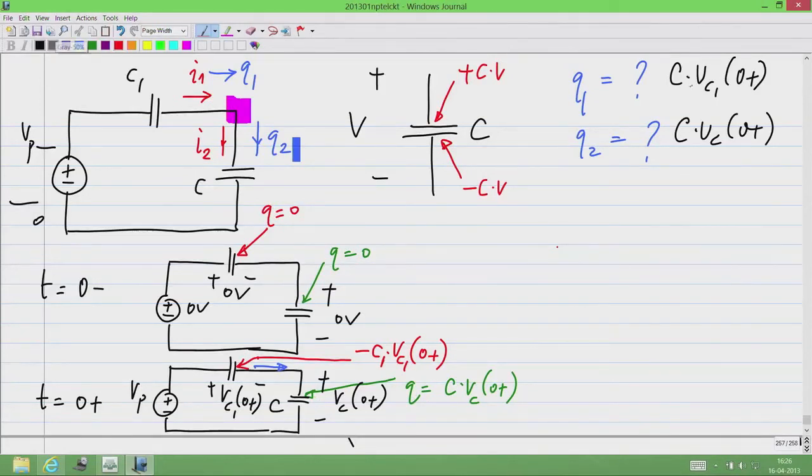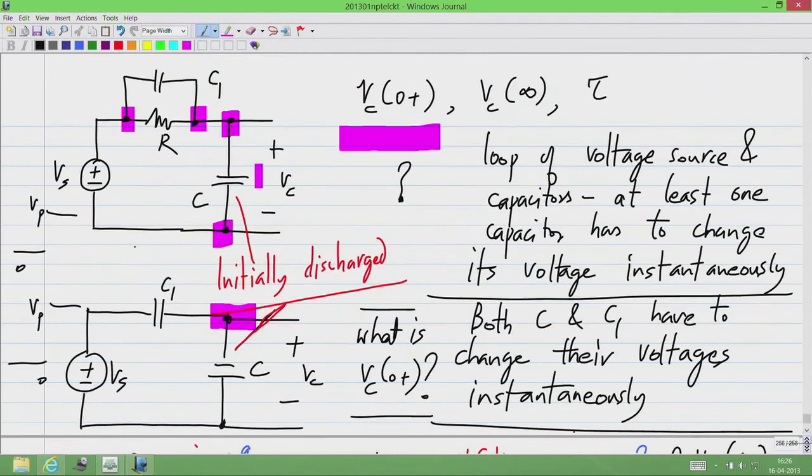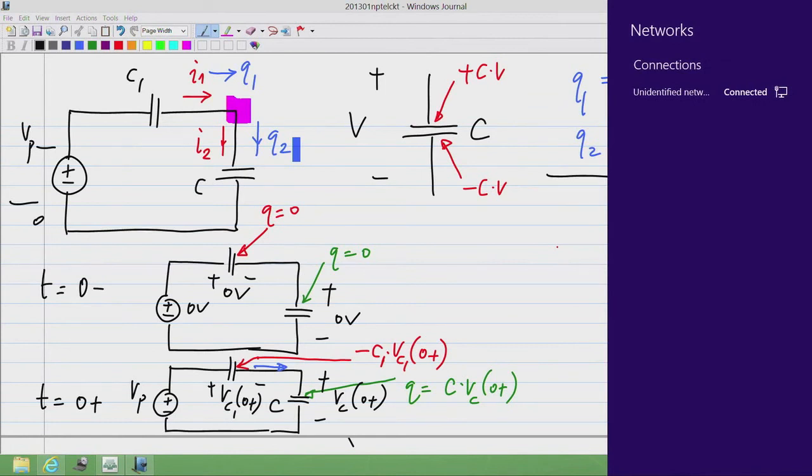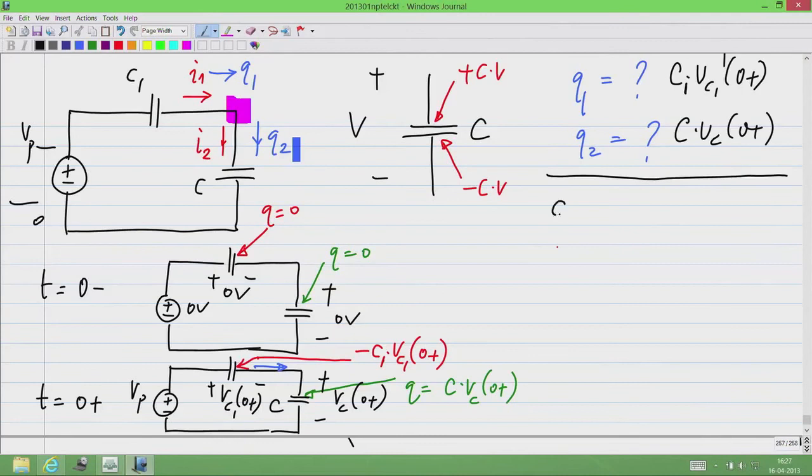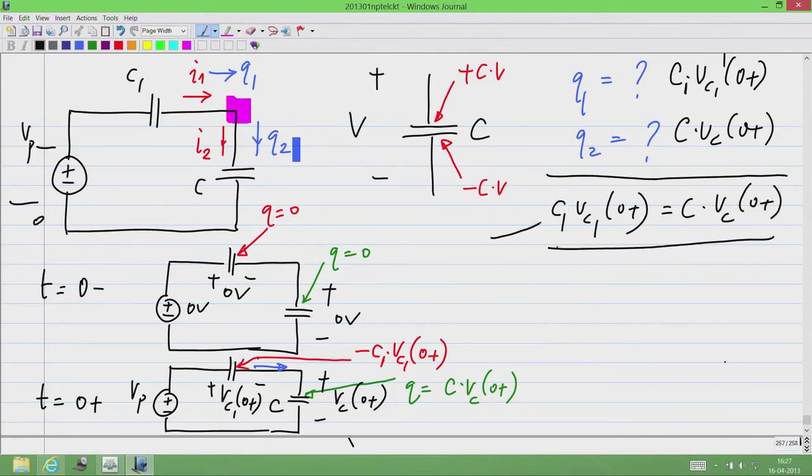So, this is also C1, not C. Now, C1 Vc1 of 0 plus equals C Vc of 0 plus. So, this comes from KCL, but reformulated in terms of charges.